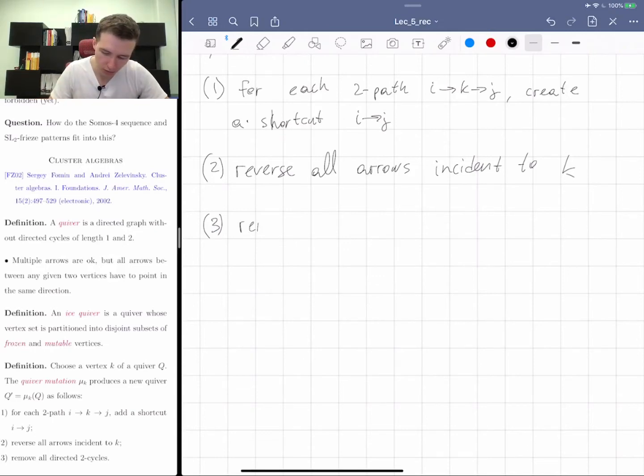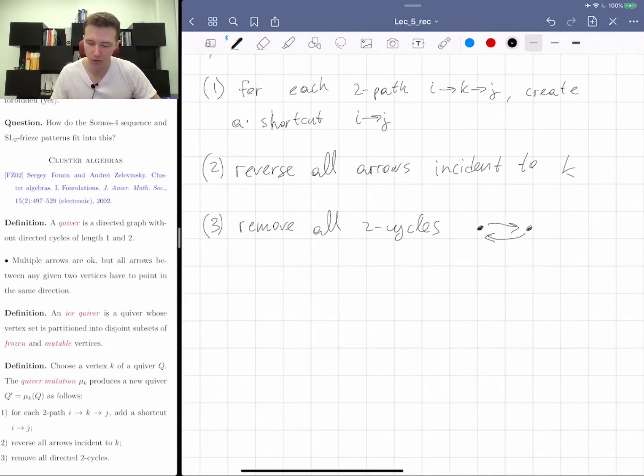So remove all 2-cycles, by which I mean a pair of opposite arrows. You just cancel them, the order doesn't matter. You find a 2-cycle, you remove these 2 arrows, and then you continue until there are no more 2-cycles.